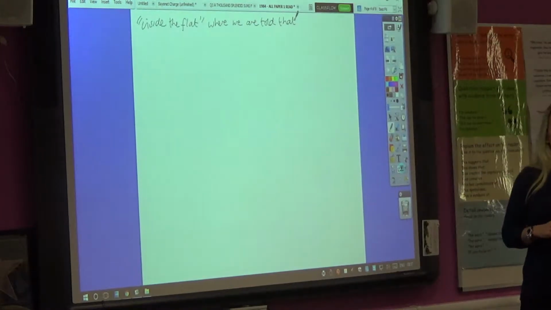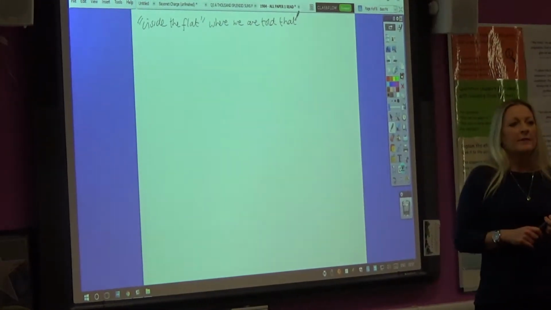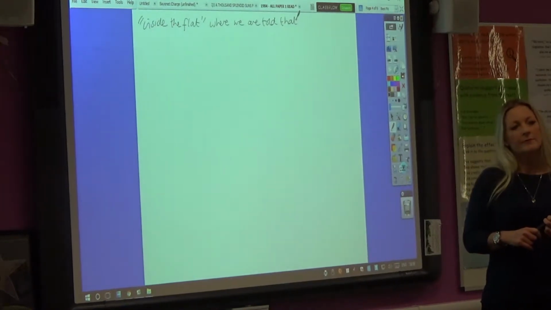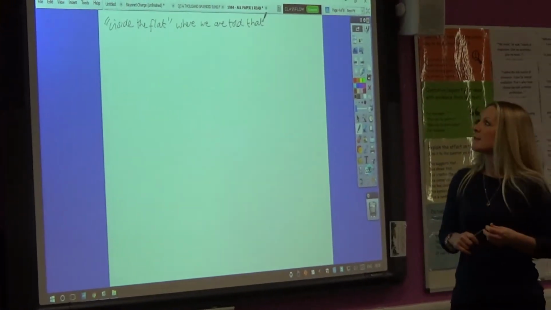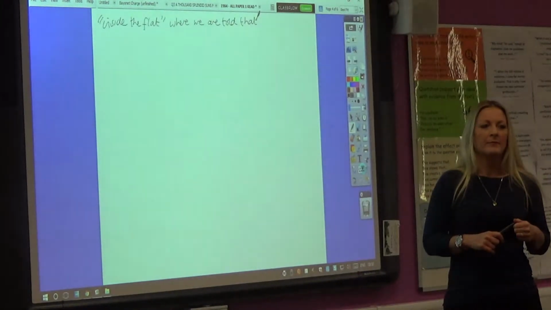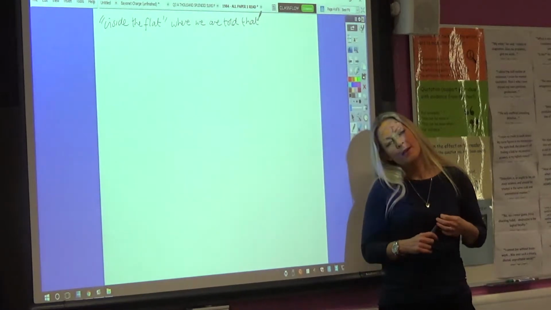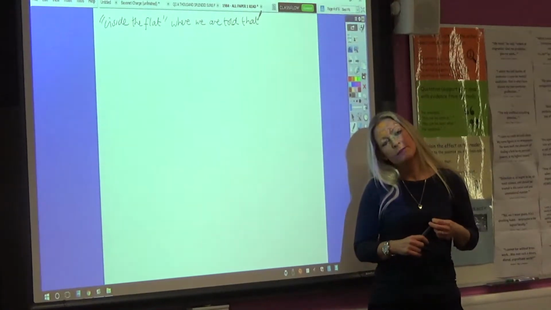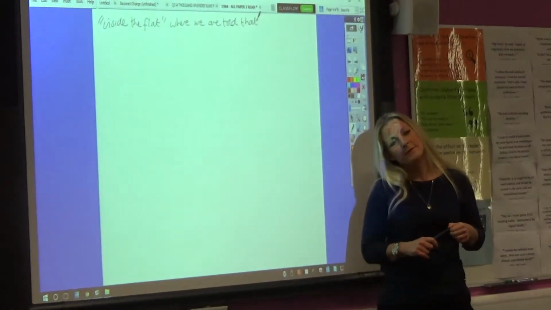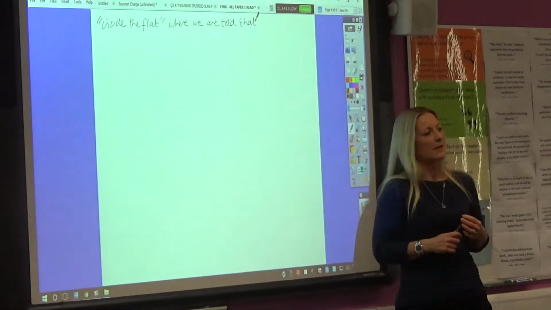What are we told that it's like inside the flat? Any quotation that describes what it's like. Can anyone find anything? What's it like inside there?